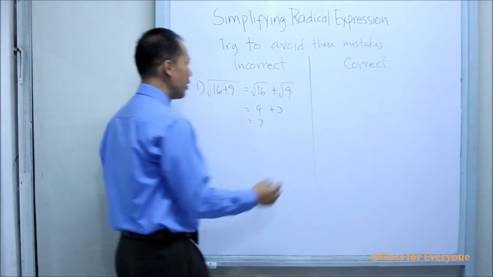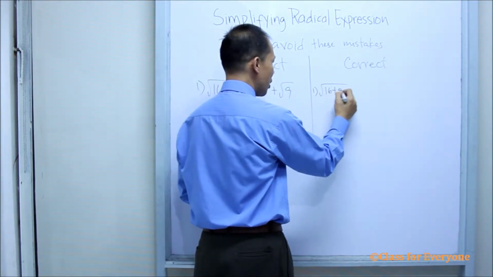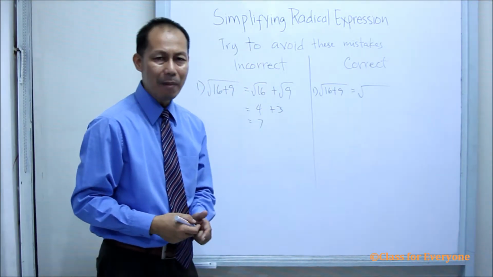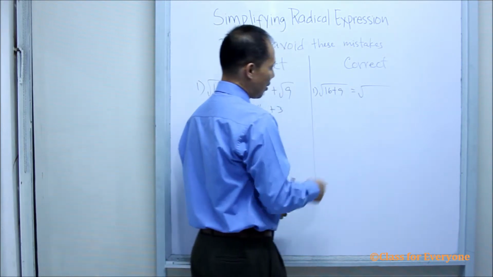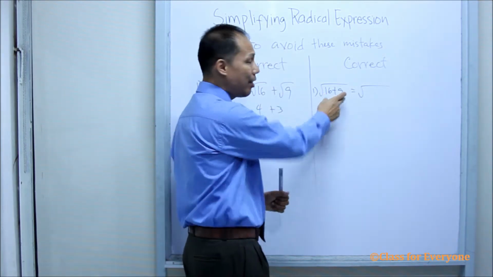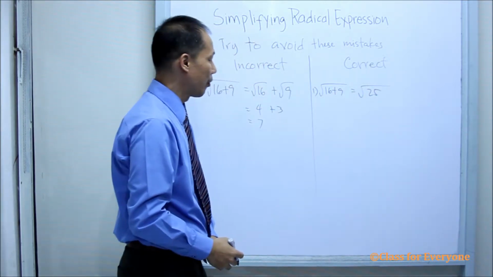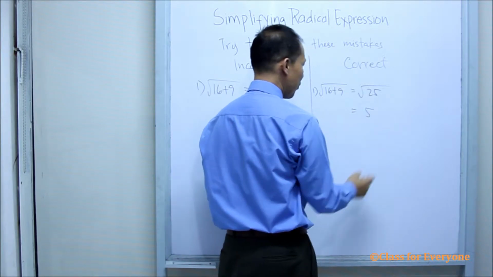But actually, when we are getting the square root of 16 plus 9, we are going to use PEMDAS or MDAS. The radicand is to be added, and that is equal to 25. Now, the square root of 25 is 5.